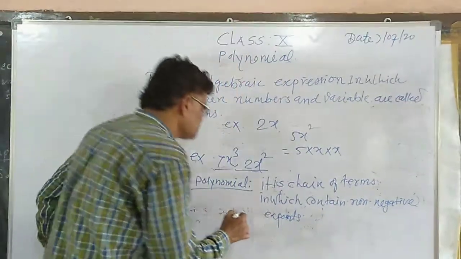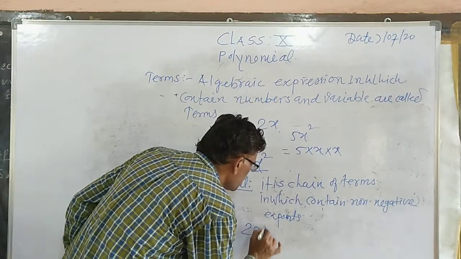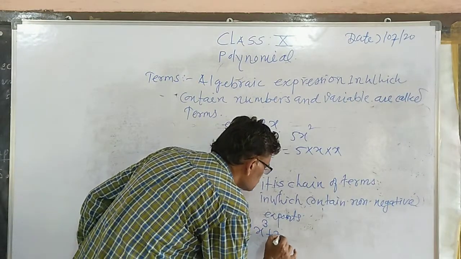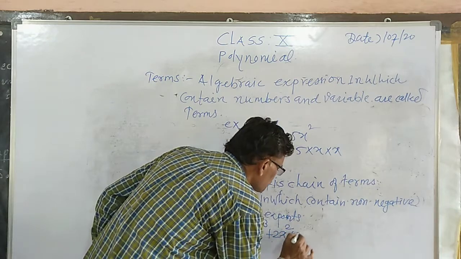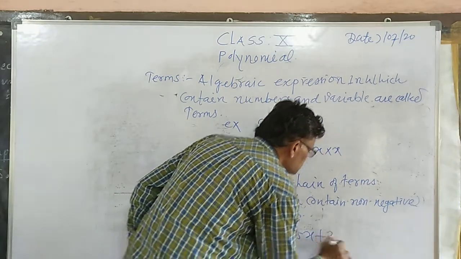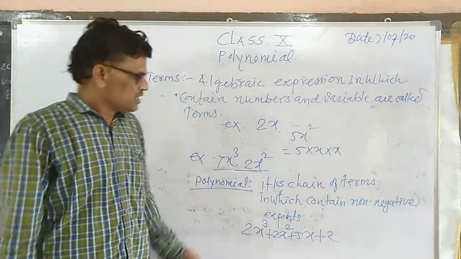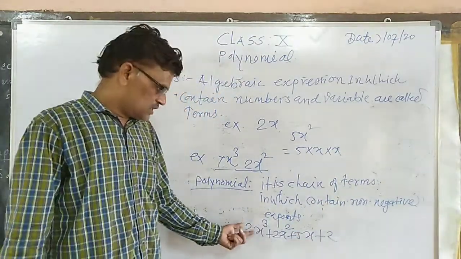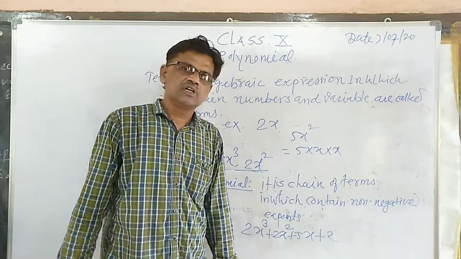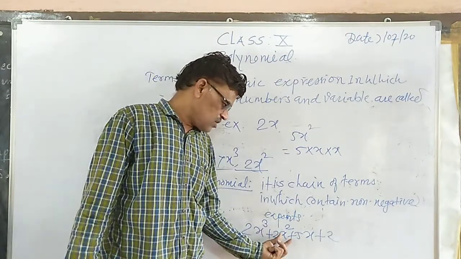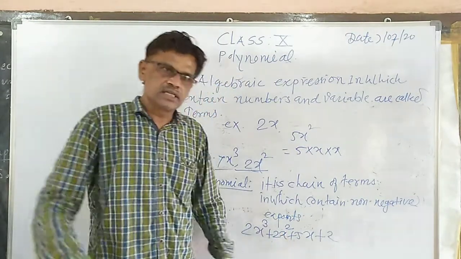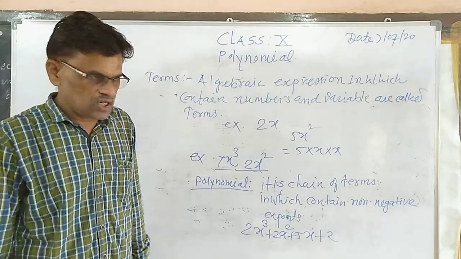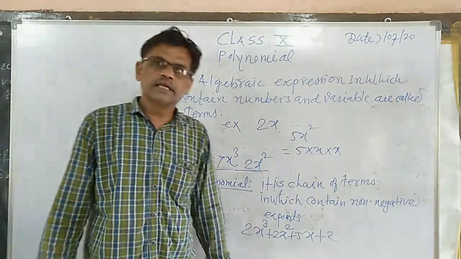You see here 2x cube, 2x square, plus 5x plus. You see the order of the degree is decreasing.